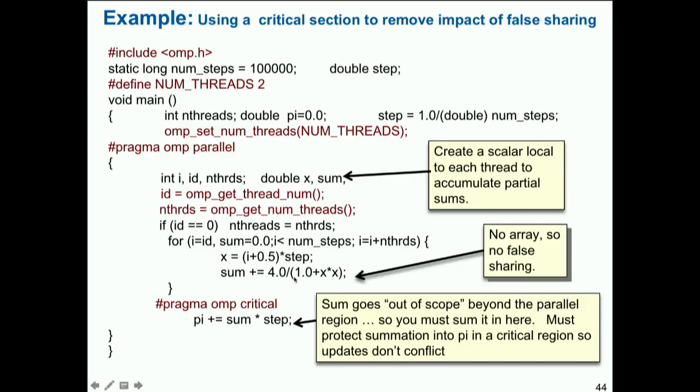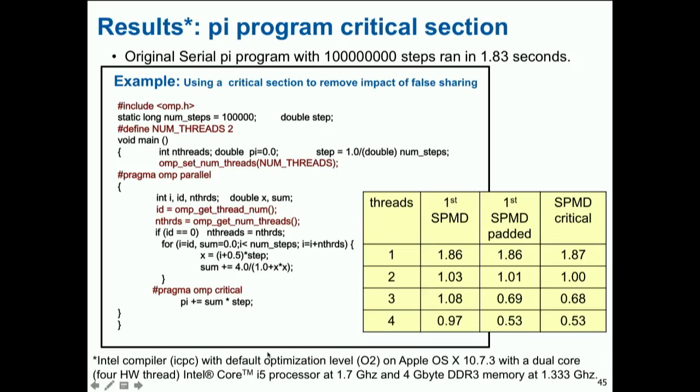But since I did the bulk of my computation without a critical section in there, and I only do critical for a very short piece, it's not even a loop, but something that's executed by threads, 8 of them, 16 of them, very few threads, that's okay. And as you can see, it's just as good as padding. In fact, there is a measurement error, a little margin difference, but it achieves just about the same performance.